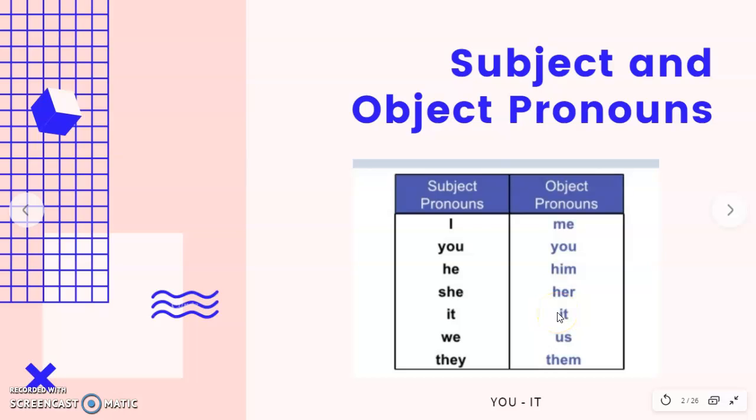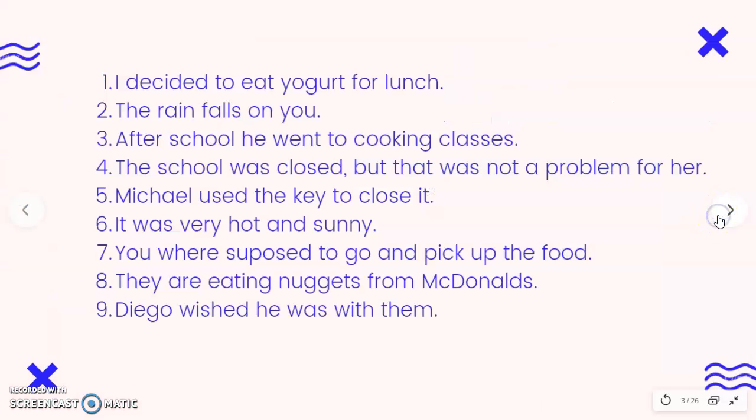Okay, so hopefully you have this written down in your notebook already. If not, pause the video and write them down, guys. Okay, so now we have 9 sentences. I want you to pause the video and write these 9 sentences down in your notebook, because we're gonna go one by one, underlining pronouns, and we're gonna write if they are subject or object pronouns.